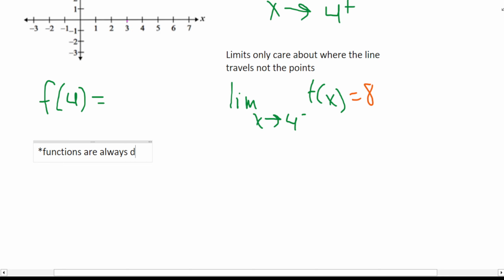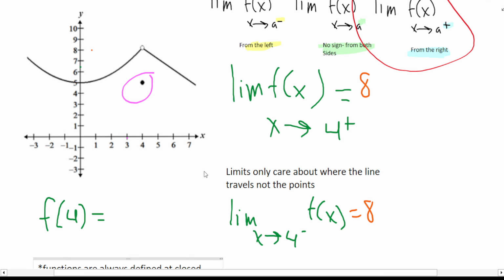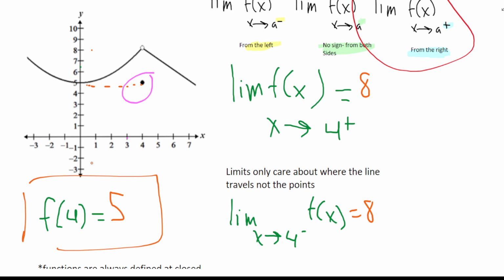Functions are always defined at closed points. And in this case, when x is 4, the function is actually defined at 5. So limits don't care about the closed points. You can have the open points. You're just following the lines.